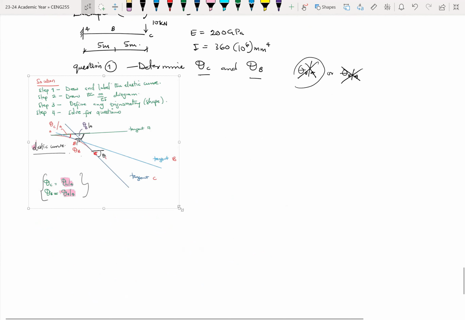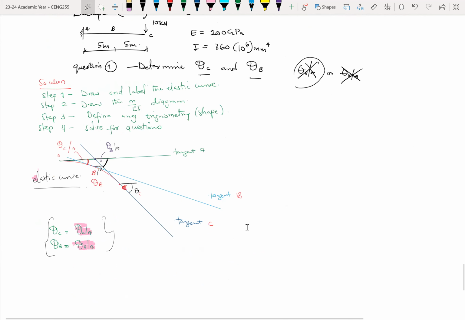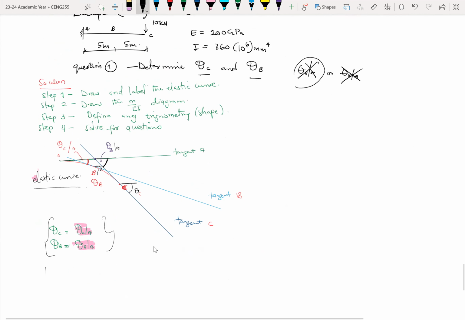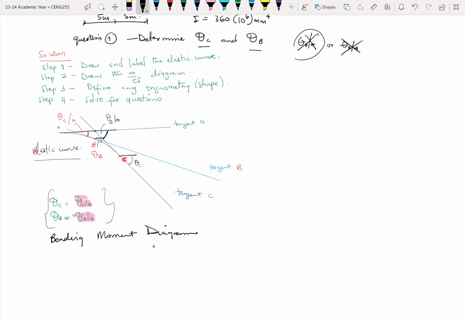So our bending moment diagram, with a cantilever, is straightforward. So this is our bending moment diagram.